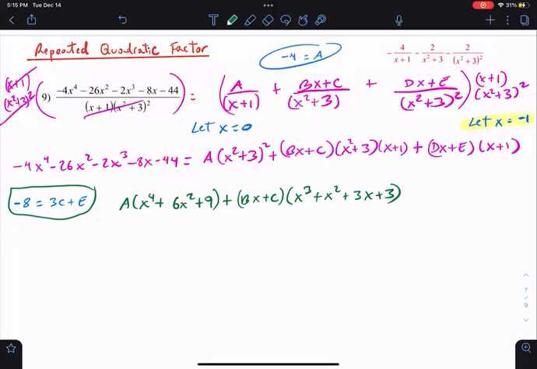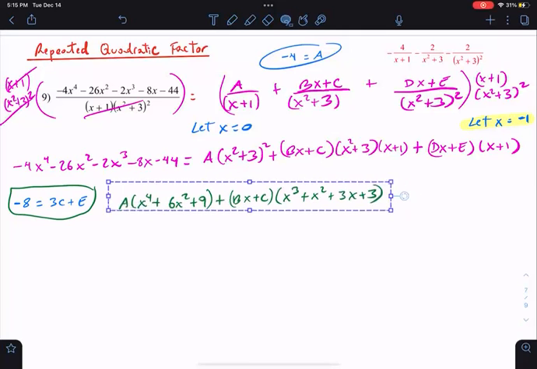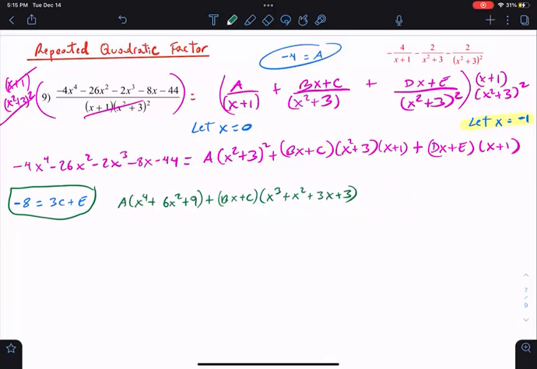That's this part, right? And then you need to do the other part, right? So this is going to be dx squared plus dx plus ex plus e, right? That's that part.